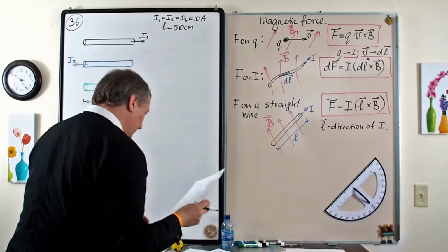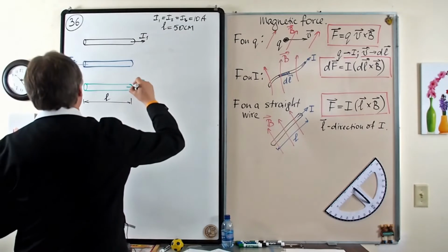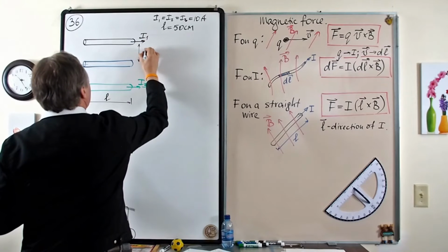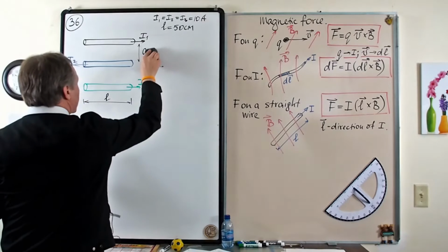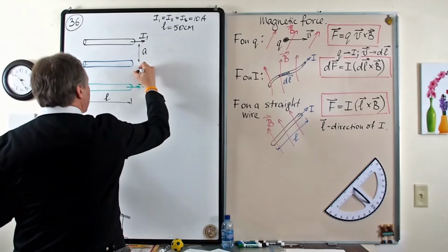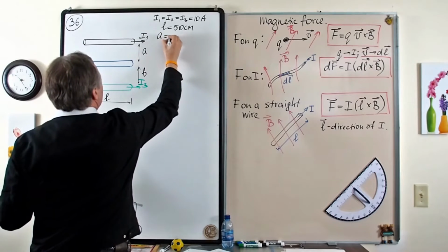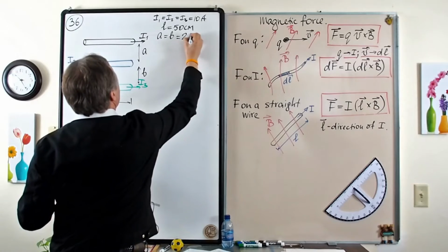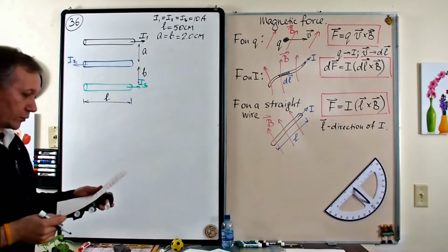Then what else is given? Distances between these wires. Let's say this is A, this is B, and A equals B equals 2 centimeters. So they are positioned reasonably close to each other.